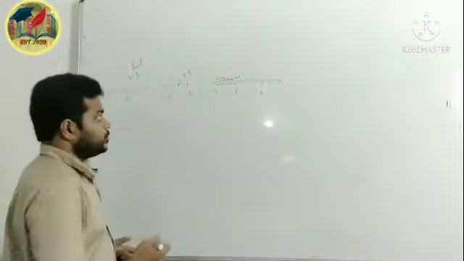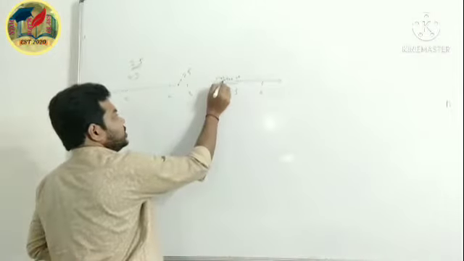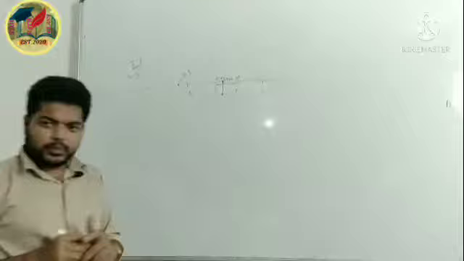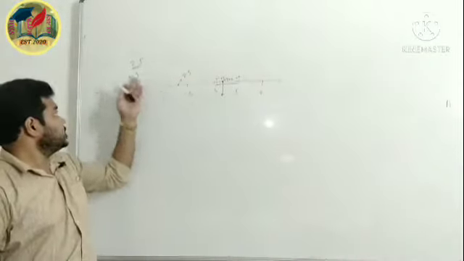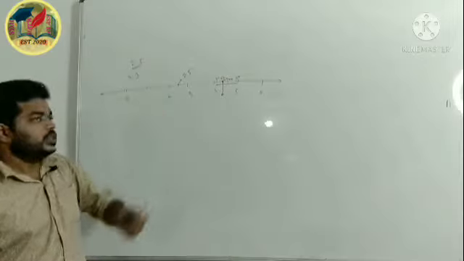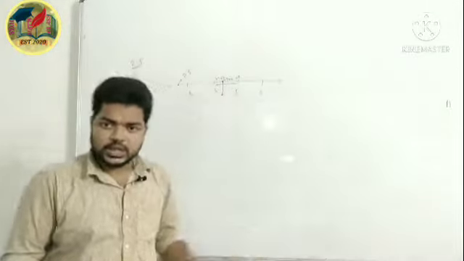Clear? Now 4.3 is this point on the number line. Similarly, we can plot any number up to 1 decimal place on a number line.